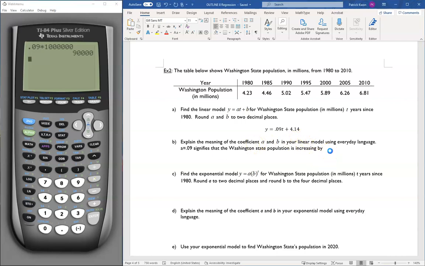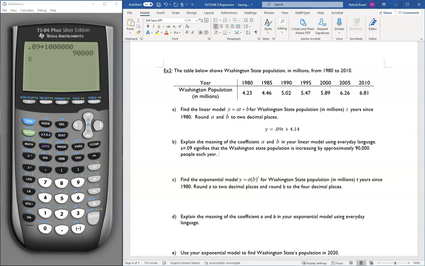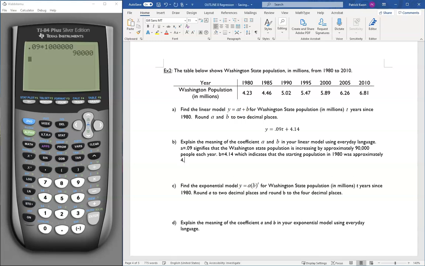So that's 90,000. It is increasing by approximately 90,000 people each year. Our B value is 4.14, which indicates that the starting population in 1980 was approximately 4,140,000 people. Okay.